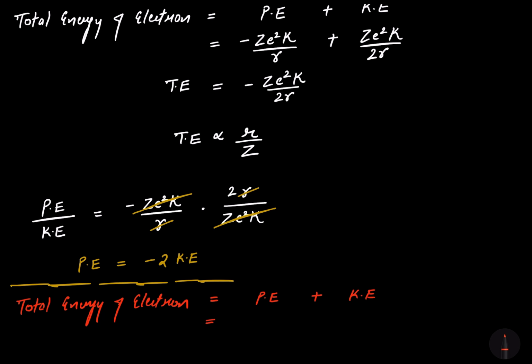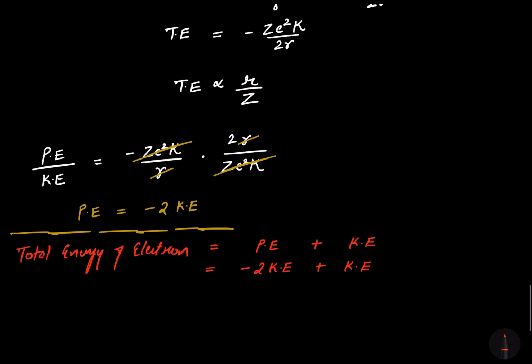Now I am writing potential energy to be equal to minus 2 times kinetic energy plus kinetic energy. And it comes out to be minus kinetic energy. My total energy comes out to be minus kinetic energy. So that was the Rutherford model.